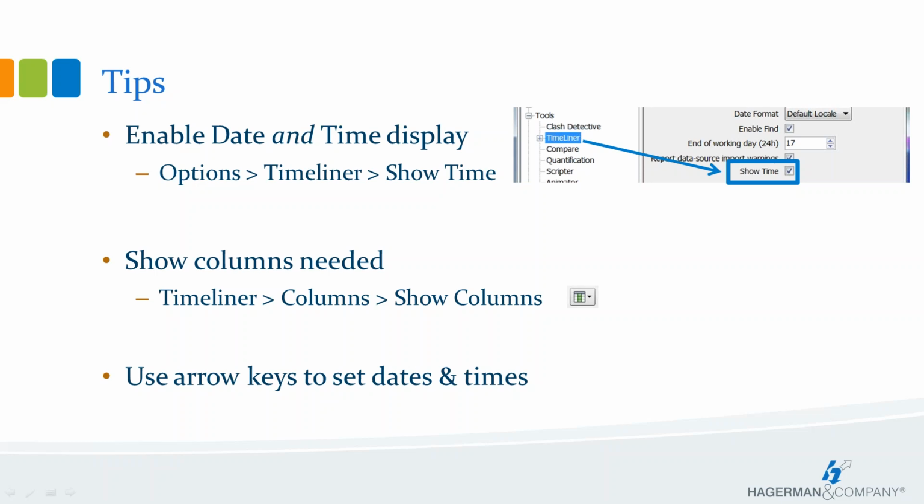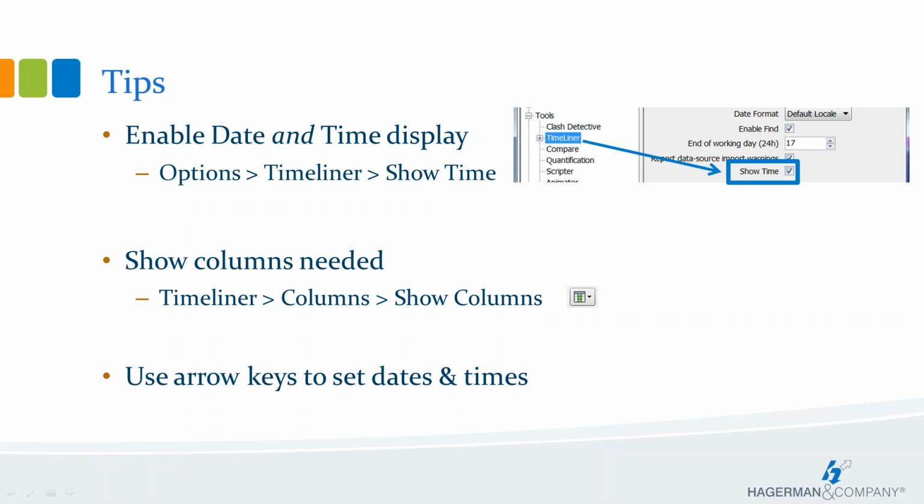And I already showed you that if time is visible in the timeliner, then when you are creating tasks, it picks up whatever time it is the moment you create that task. So you could find yourself adjusting the times more often, and if it's not necessary, then I recommend leaving that off until you need it.